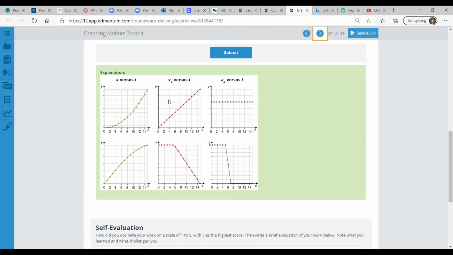So that means the velocity is increasing at a constant rate and would be a straight line. The slope is getting more and more positive. So that means this is what the velocity versus time graph would look like. And since the slope is constant here for velocity versus time, that means acceleration is constant. So we get that flat line.